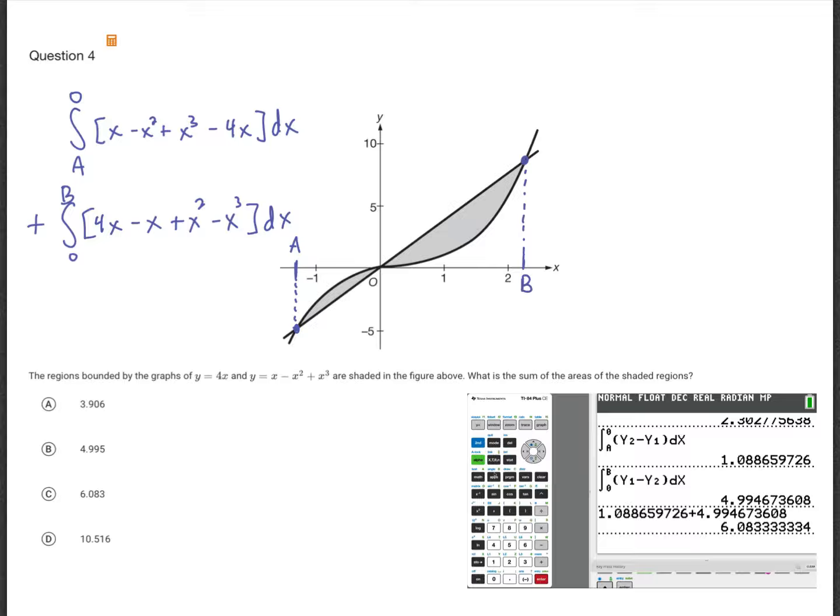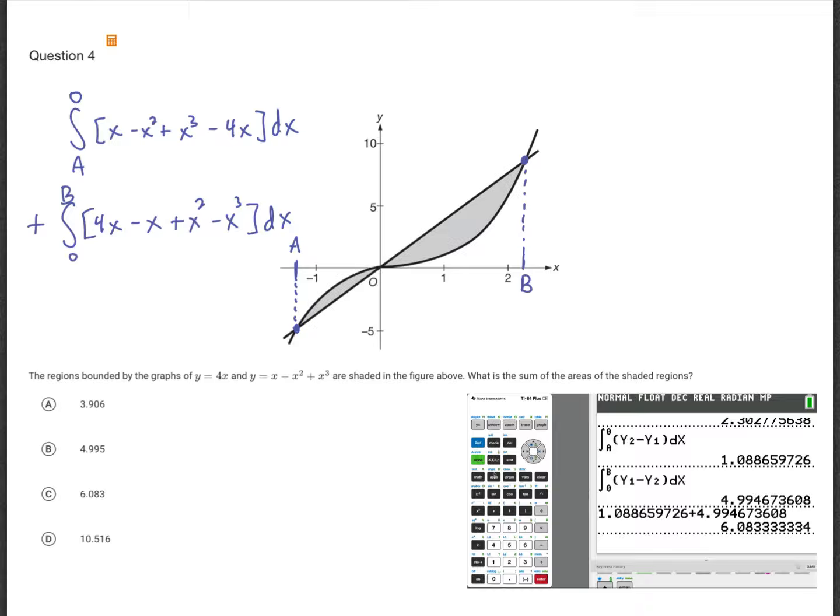If you make a mistake and put the wrong function on top or bottom, you'll get the right answer, it'll just be negative. If it's negative, just make it positive. But that's one thing: you have to do two separate integrals, and you have to worry about which one's on top and which one's on bottom.